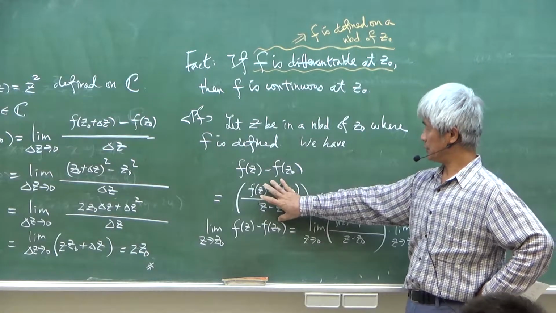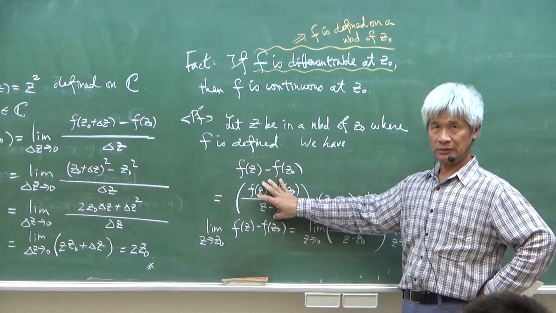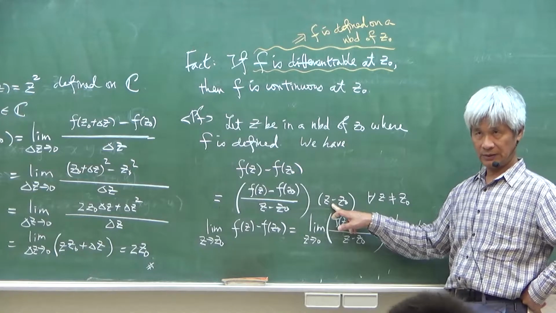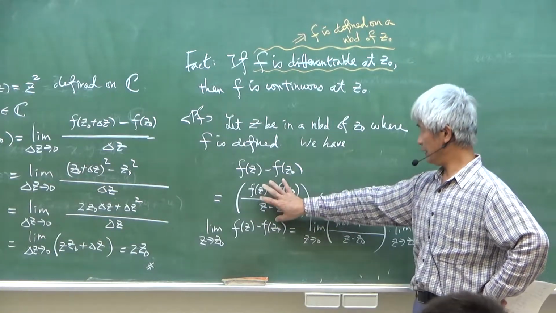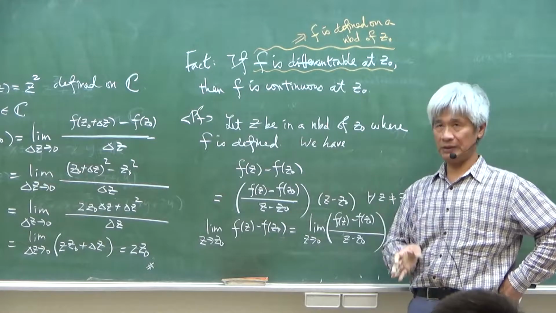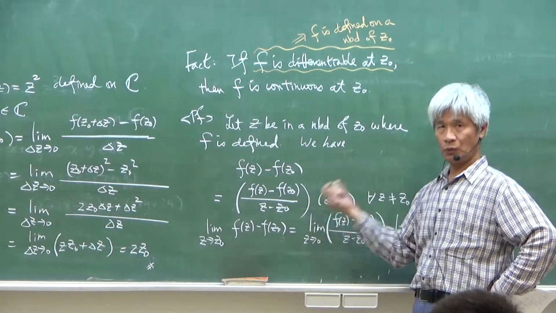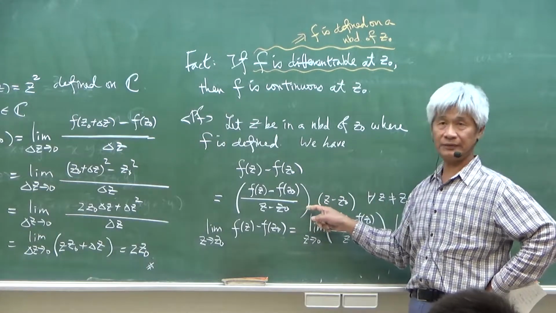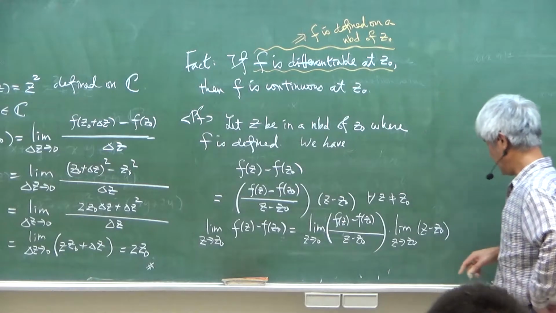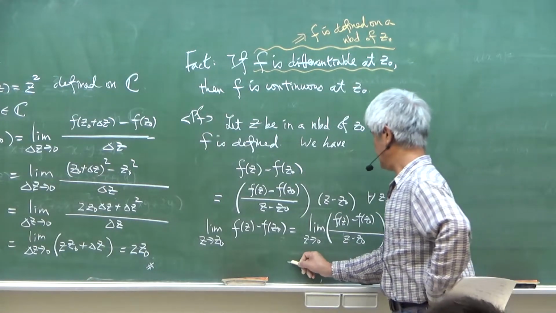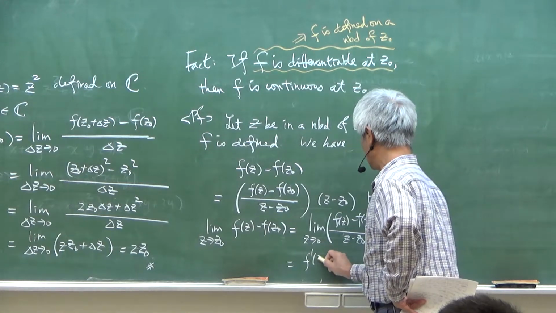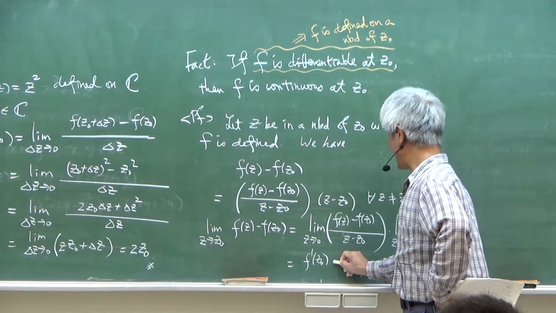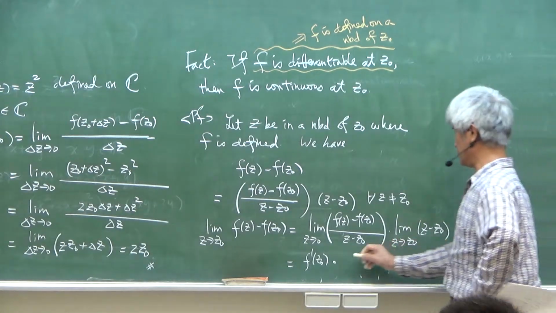Because as z goes to z0, this fraction has a limit. And if these two factors have limits, then the product will have a limit, and the limit is equal to the product of their respective limits. This one exists, right? And as z goes to z0, this one is 0.